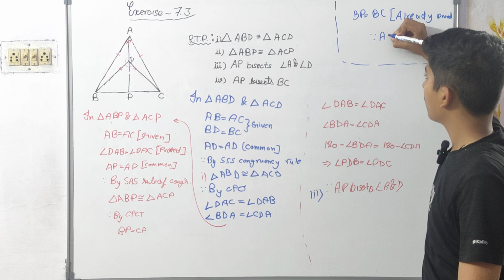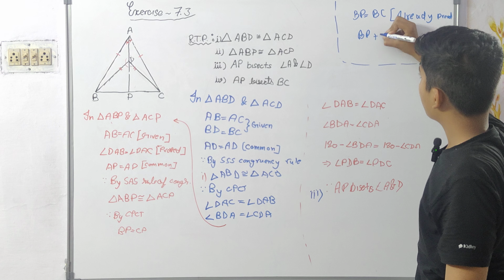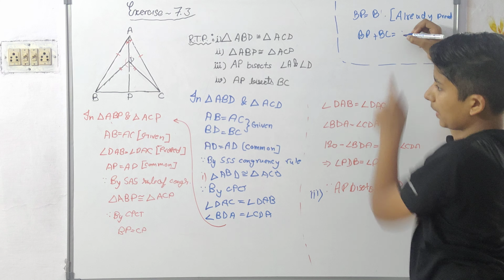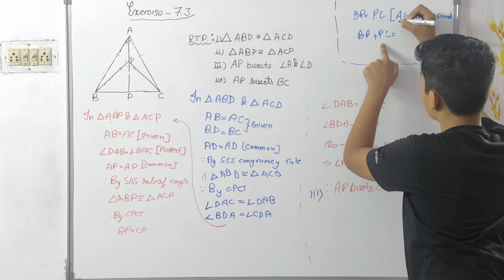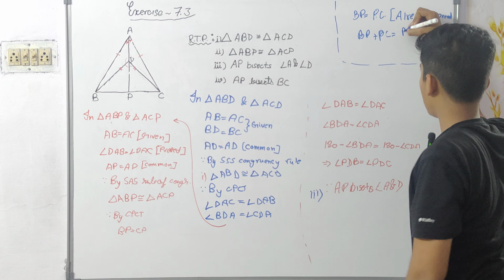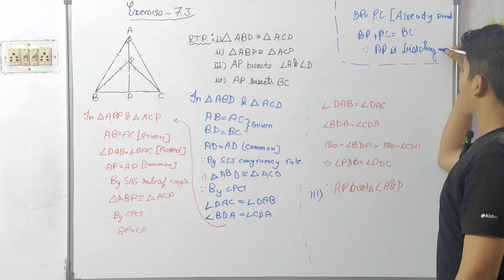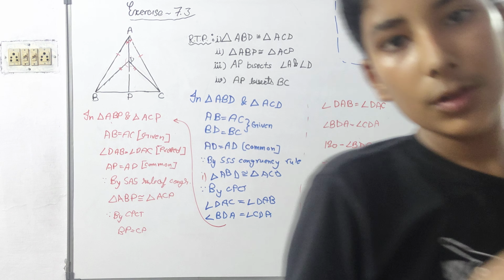Therefore, BP plus PC equals to BC, means AP is bisecting BC. Okay. Now we'll come to our last question because this was so long.